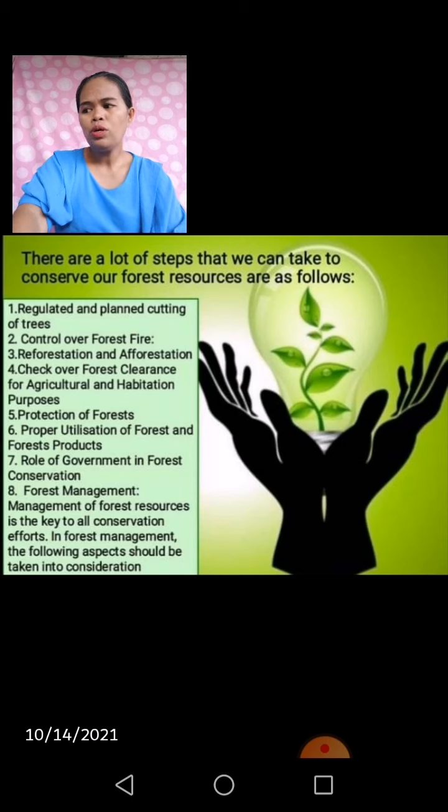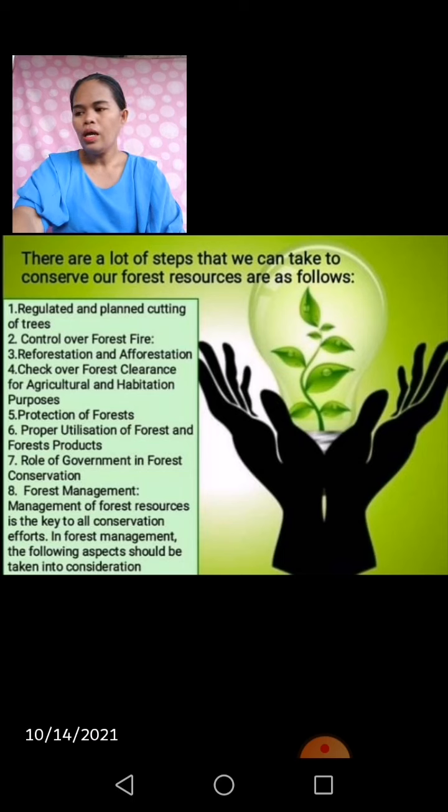Then, training programs for persons engaged in forest conservation activities. It involves education and training implemented not only to those who engage in forest conservation activities but to all individuals, and it is a must that everyone should know and have an idea on how to conserve forest natural resources.